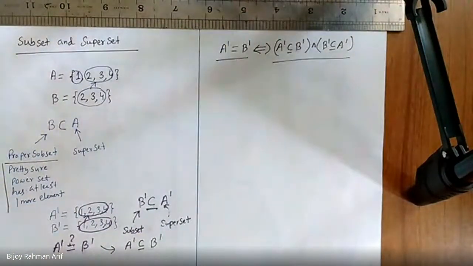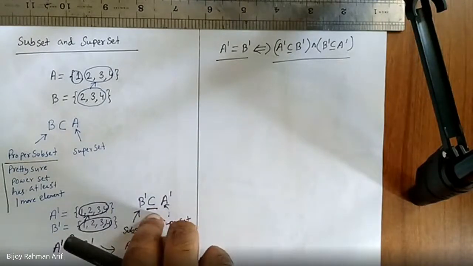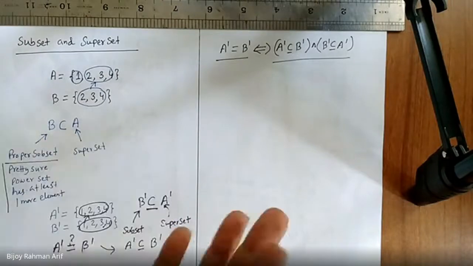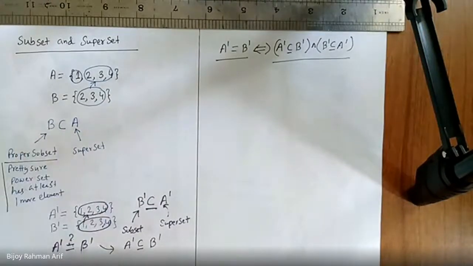Is it clear to you? So whenever there's a question of equality and we don't know the answer, we always use the subset notation with the equal sign under it. Otherwise, when we are pretty sure the superset contains at least one more element, and they are not equal, we use proper subset. Okay, guys?